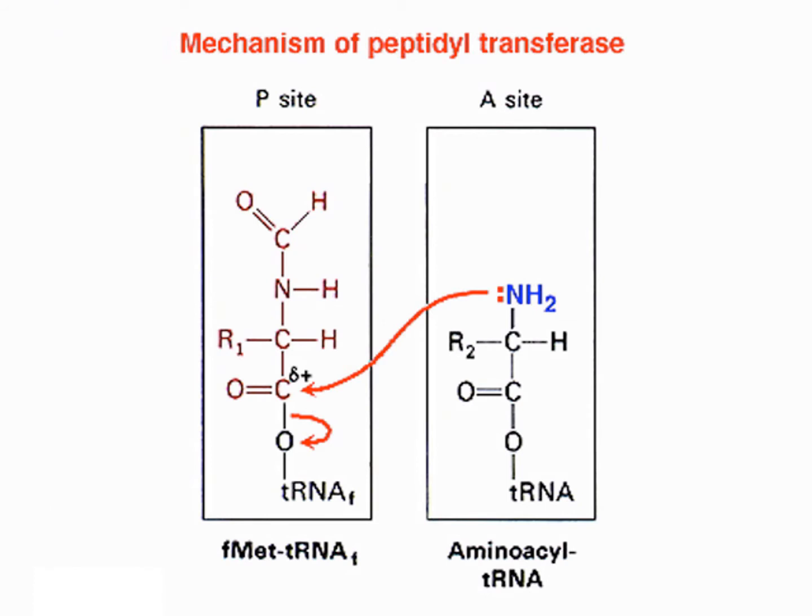This is an up-close look at that reaction. Here's the FMET tRNA in the P site, the aminoacyl, so it's some amino acid in the A site, and that alpha amino group on the incoming amino acid, or the second amino acid, attacks the ester linkage here with the FMET tRNA in that site.